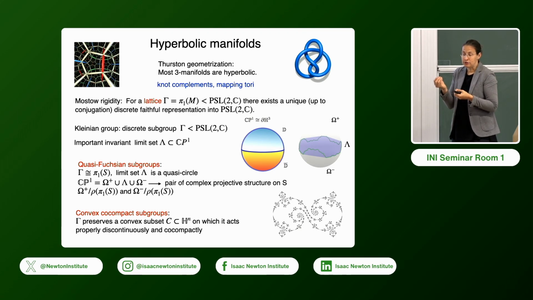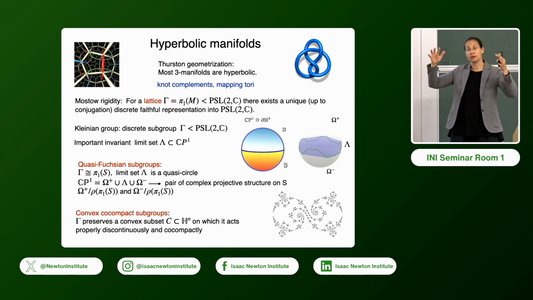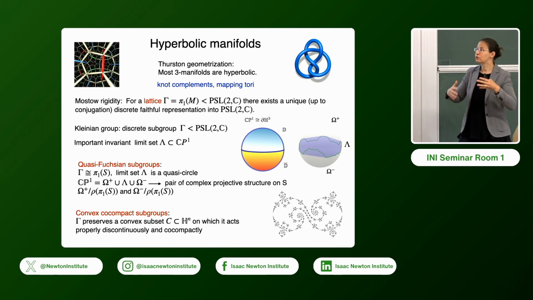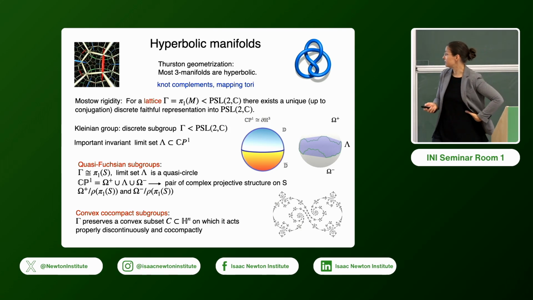There's one nice geometric feature which is preserved for small deformations: all these small deformations are what are called convex co-compact subgroups. So if I look at this group acting on Hn, it will preserve a convex closed subset on which it acts co-compactly. And so these convex co-compact subgroups are particularly nice subgroups of the isometry group of hyperbolic n-space.